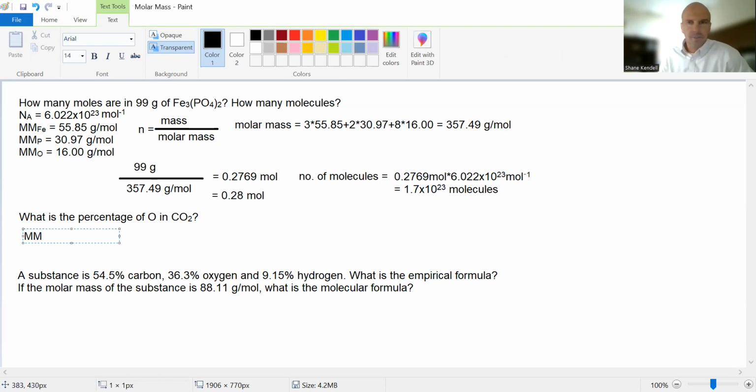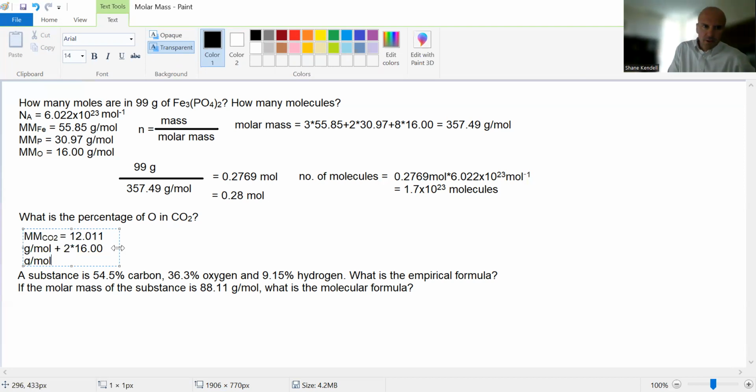So carbon's 12.011 as for a molar mass. So the molar mass, and I'll just put this in here, the CO2 is going to equal our 12.011 grams per mole for the carbon plus, now we've got two lots of the oxygen, which is 16.00 grams per mole.